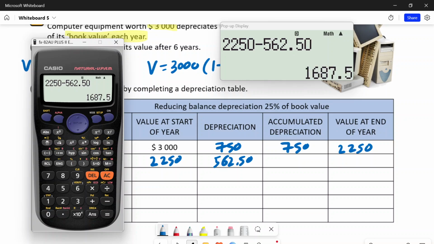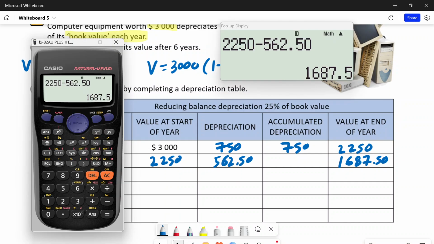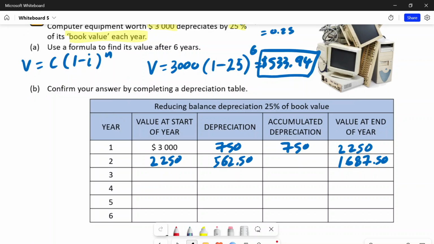So 1,687.50. And to get the accumulated depreciation, we'll add that on. There's a bit of work in this, but it's still worth doing. 562.50 plus 750. We add up the depreciation so far. So far we've accumulated 1,312.50 of depreciation.